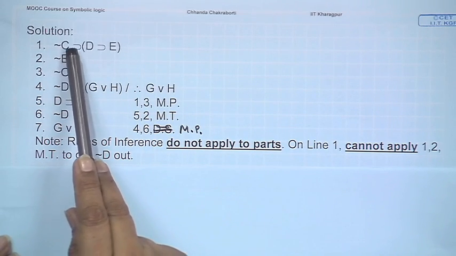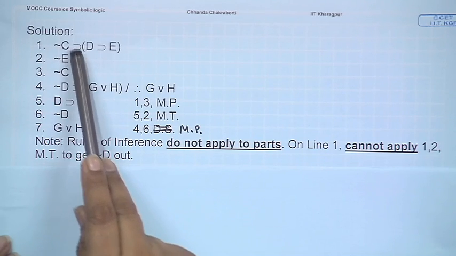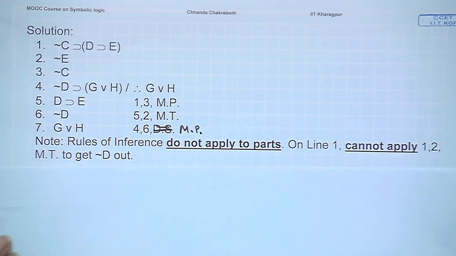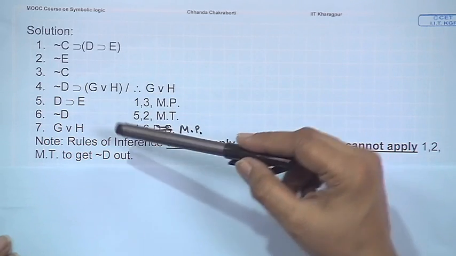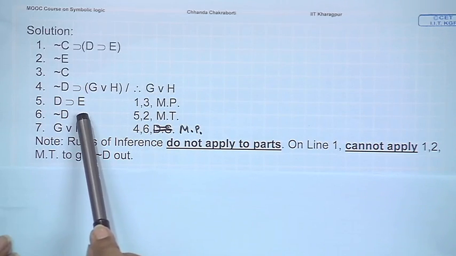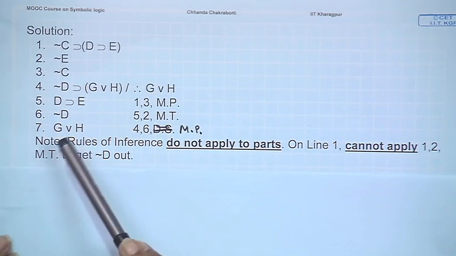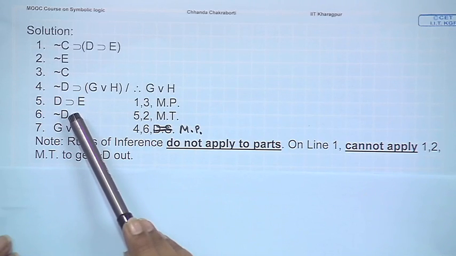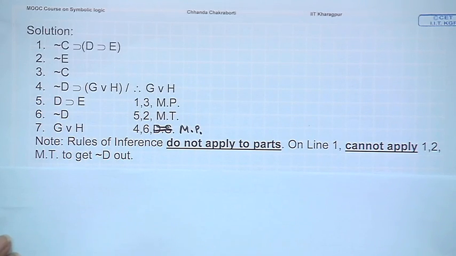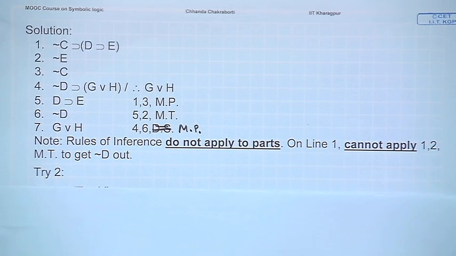So, until you have operated on this, the horseshoe is not accessible to you, all right. So, this is why we had to first get the D horseshoe E as a standalone line before we can do the modus tollens on line number 5 and get tilde D out. Good. So, that is how the rules of inference work.